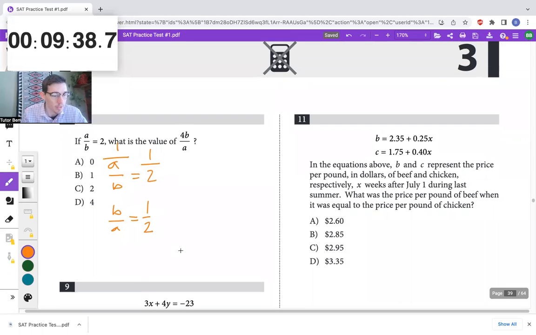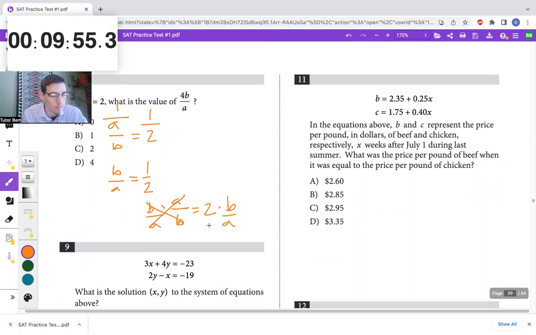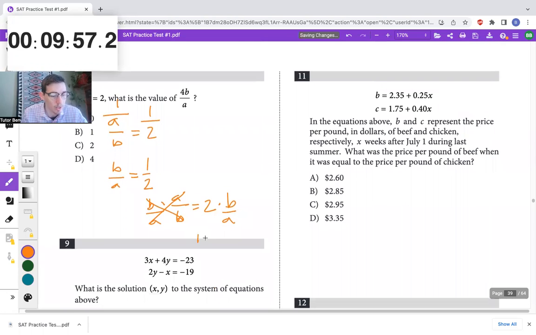You can also think of this as solving. So if you have a over b equals 2, you can multiply both sides by b, divide by a. So these cancel out on this side. We get 1 equals 2b over a.